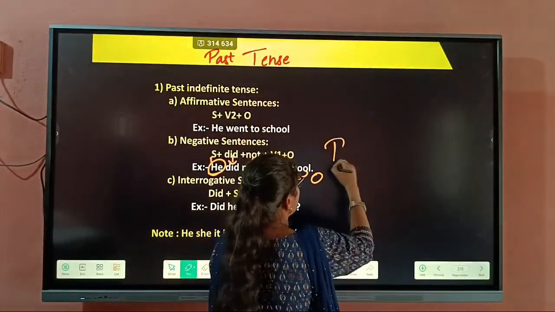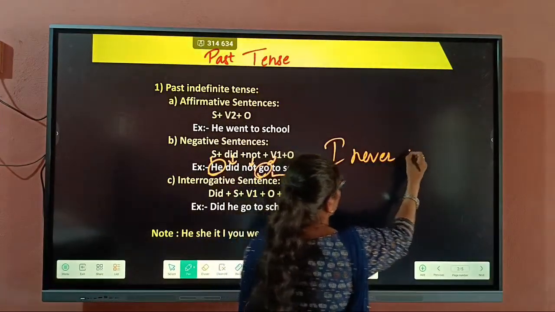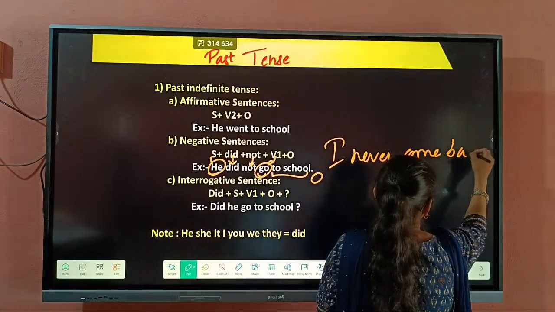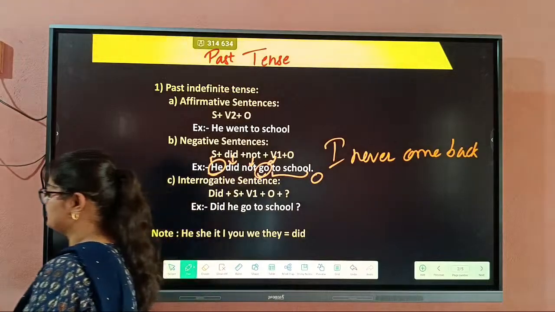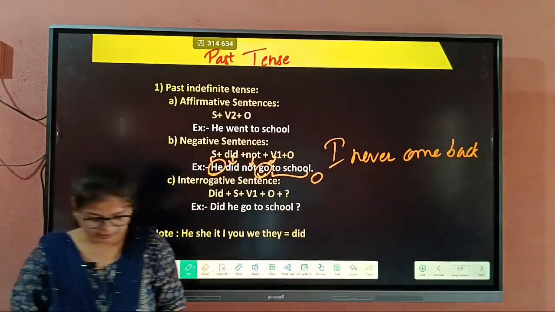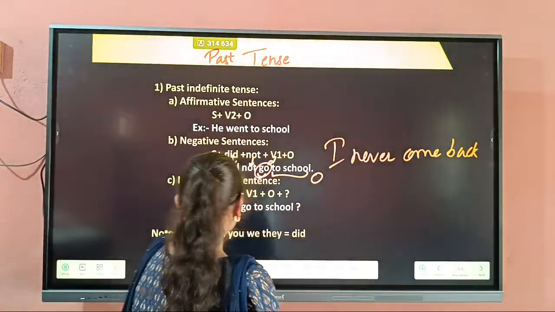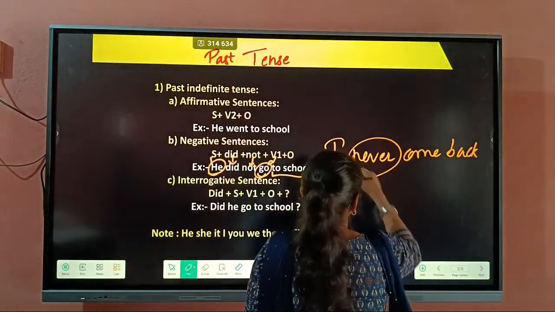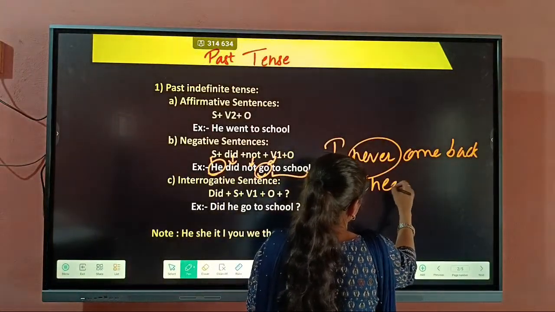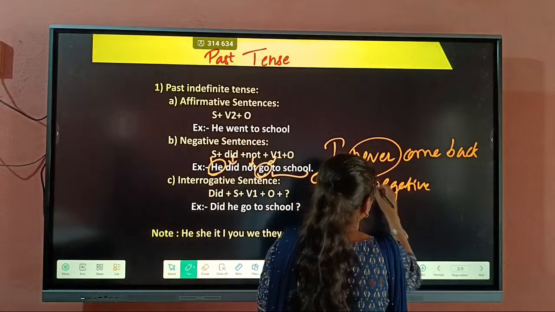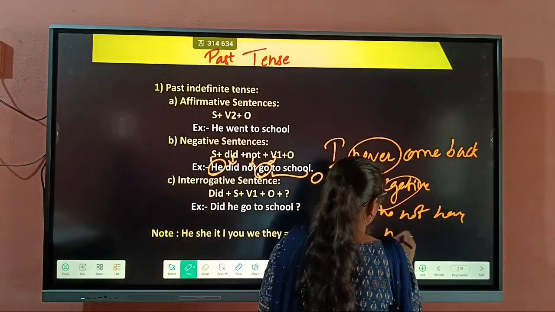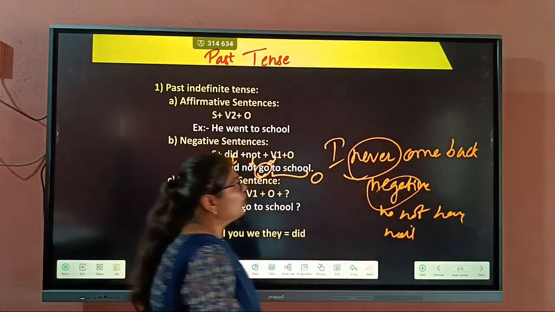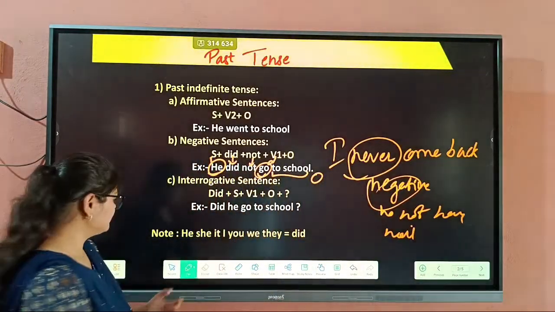Now, another example is I never come back. Is it a negative sentence? Or I can say never is the indication of negative. Whenever we say no, not, never, nor, it is an example of negation.